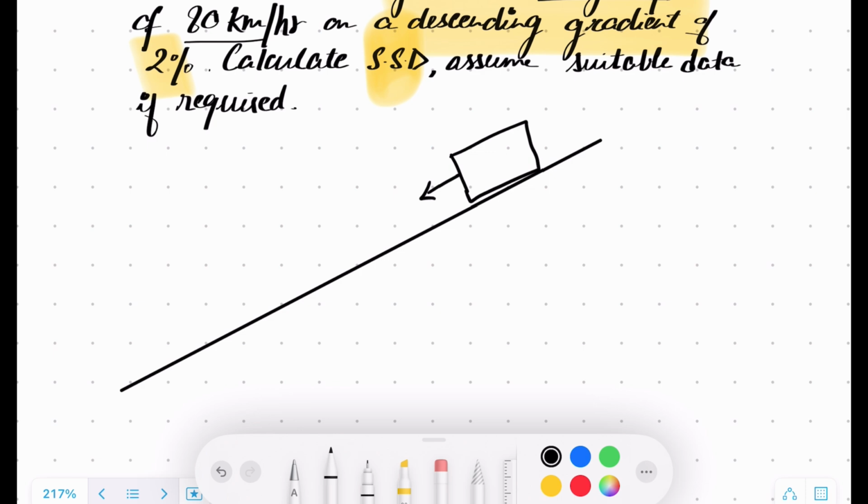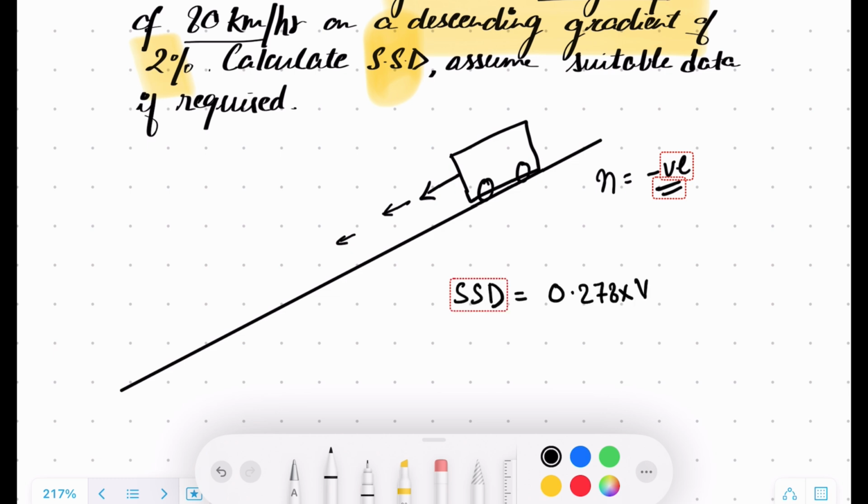If you recall, when the vehicle is descending the gradient, the role of slope will be negative. Why negative? Because now it is contributing towards the reduction in the braking efficiency, correct?